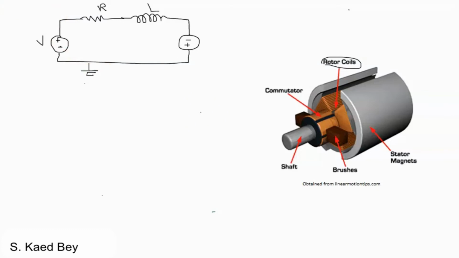And now we shall look at the mechanical part. So if we consider that the rotor coil and the commutator, including brushes and shaft, can be simplified as perhaps a shaft with a mass that has an inertia J upon rotation.